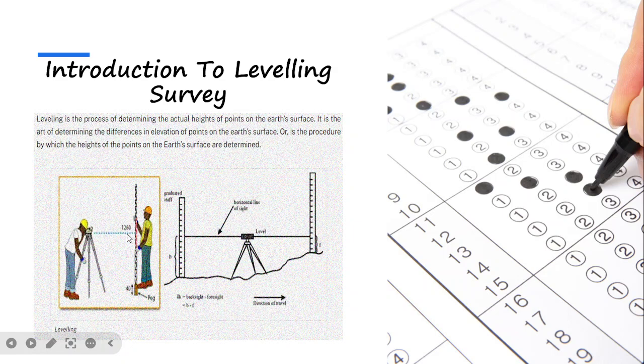Here are some images that illustrate the leveling process, and as you can see, we're trying to determine the differences in heights between these two points. Take the first point and label it maybe point A, and here point B. The process of determining the differences in heights of various points on the Earth's surface is what we call leveling.